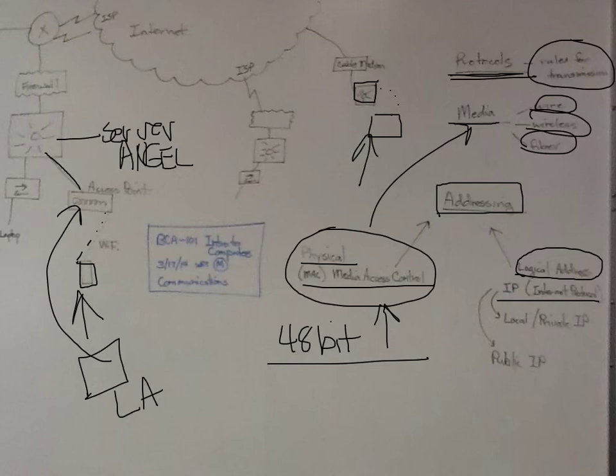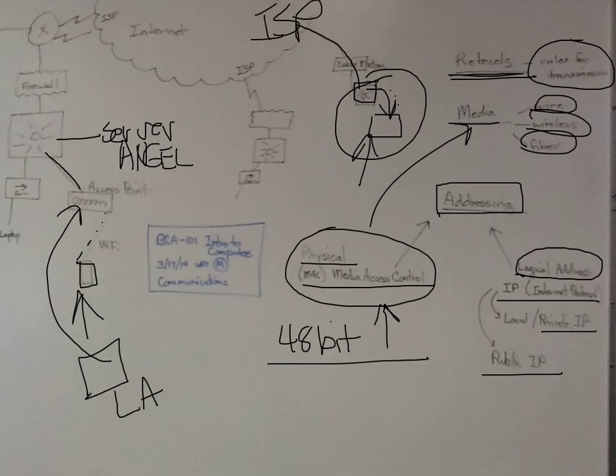So ISPs, like the ISP Mediacom, they give my router an address. It's a public address that can be used out on the internet. Internally, my router gives my device a private address, a private IP that can just be used locally.